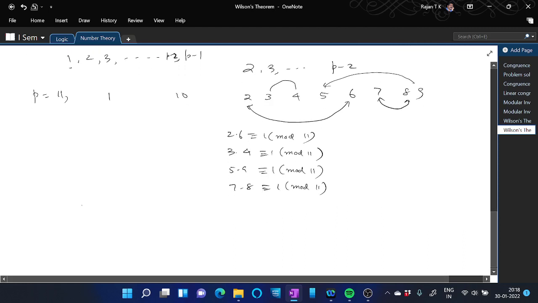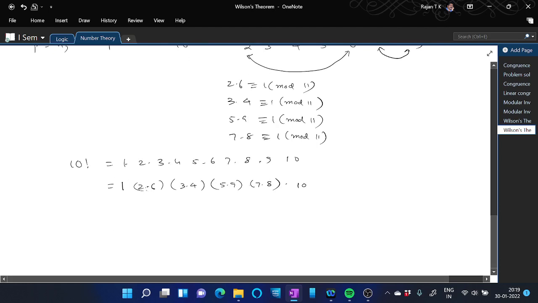And therefore the number 10 factorial, which is equal to the product of 1 into 2 into 3 into 4 into 5 into 6, 7, 8, 9 up to 10, can be written starting with 1 and ending at 10, and the remaining factors can be rearranged in such a way that 2 into 6, 3 into 4, 5 into 9, 7 into 8, with the property that each pair in the bracket are inverses. 2 and 6 are inverses, 3 and 4 are inverses likewise.